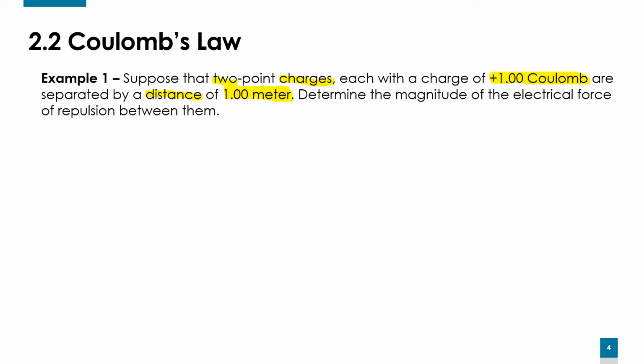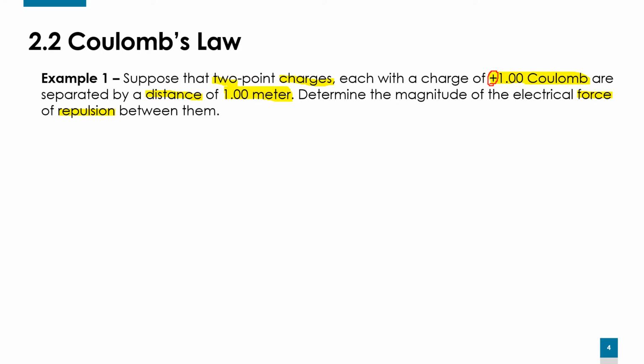Now what is asking you? Determine the magnitude of electrical force. So he's asking you the force, the electrical force of repulsion between them. Why is repulsion? Because they have the same charges. So it's repulsion because each of them has positive charge.